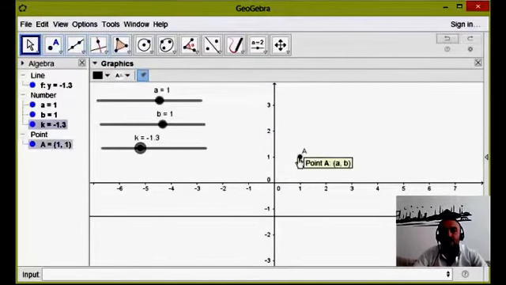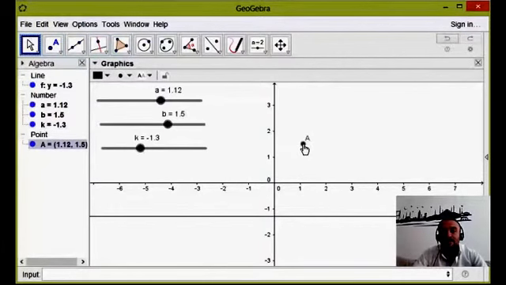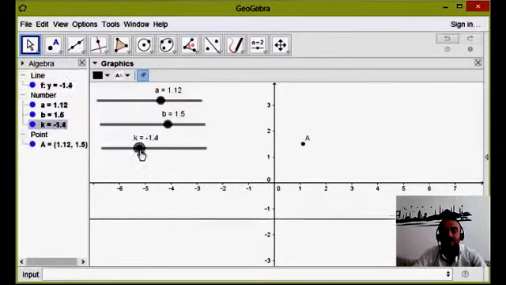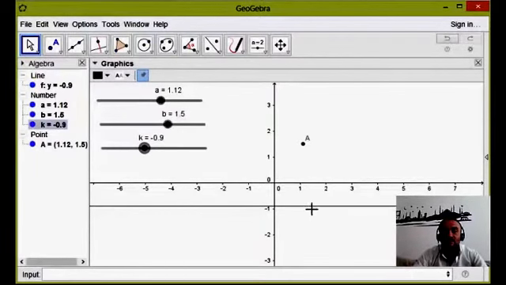Now I will create the parabola whose focus point is AB and whose directrix is y equals k, a horizontal line. This directrix is the line to which the points of the parabola have the same distance as to the focus point.